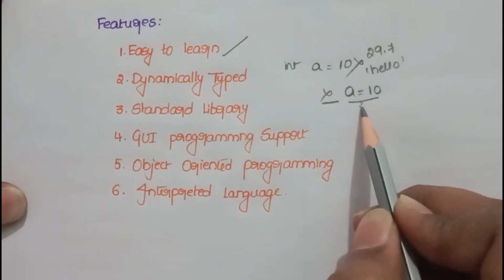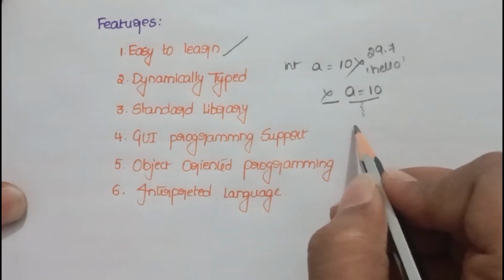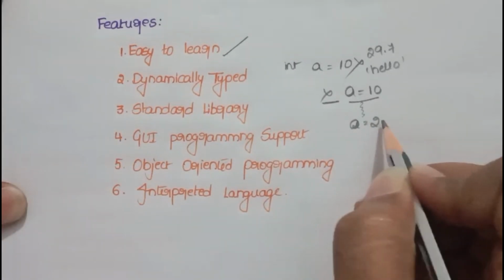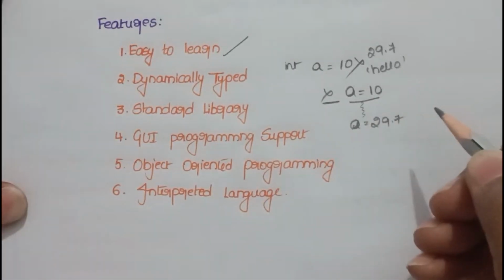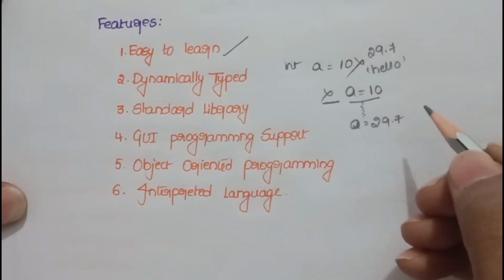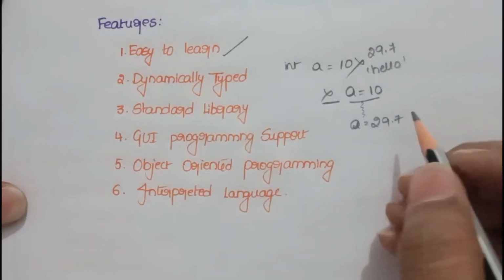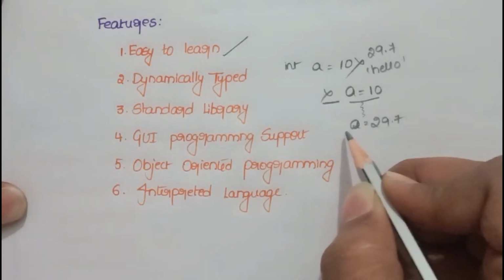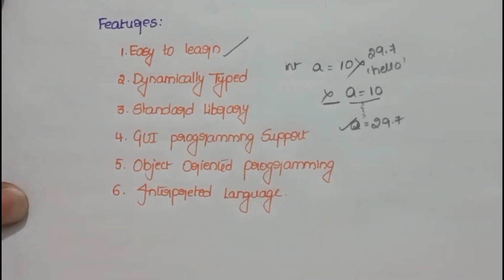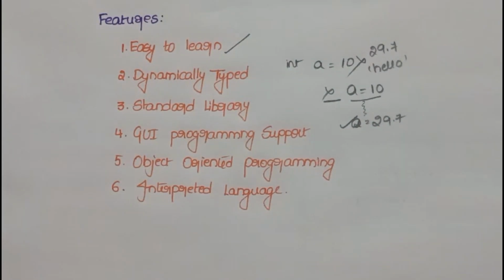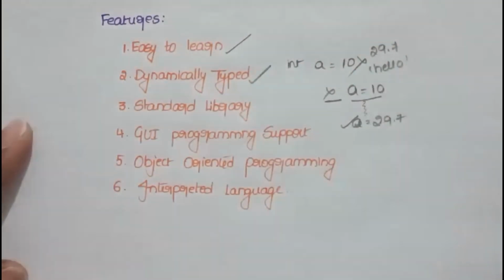After certain operations, you can assign a float value to this variable a. Python will allow us because it is dynamically typed. Now Python will think a is of float type. In this way, Python doesn't expect the user to declare the data type of a variable. It is dynamically typed based on the value that is being stored in that variable. That is the second important feature of Python.